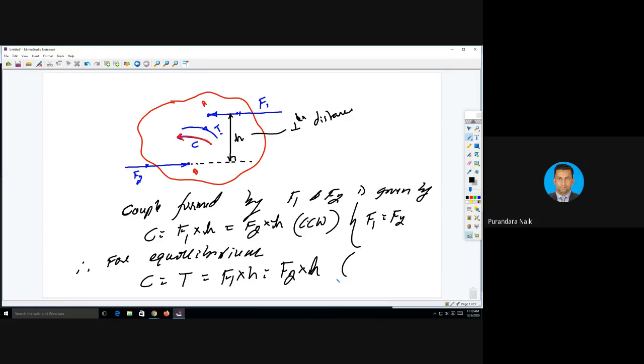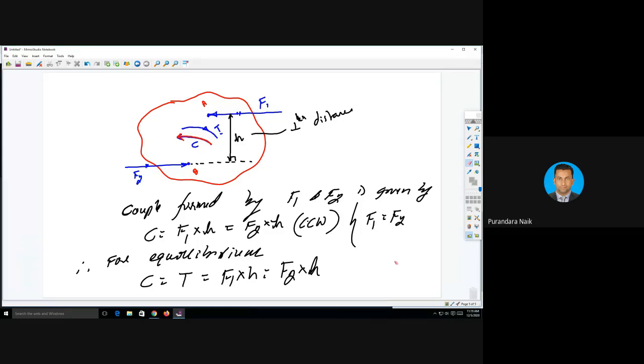Capital T is clockwise, whereas the couple formed by F1 and F2, within bracket C, is counterclockwise. Finished? Whereas the couple formed by F1, F2 is counterclockwise.